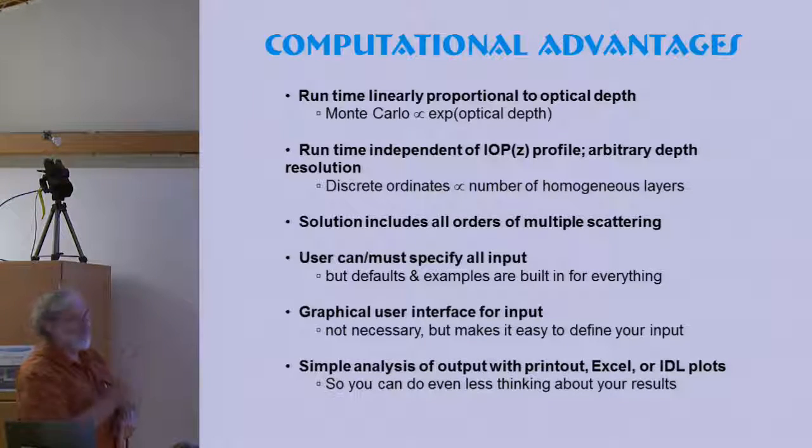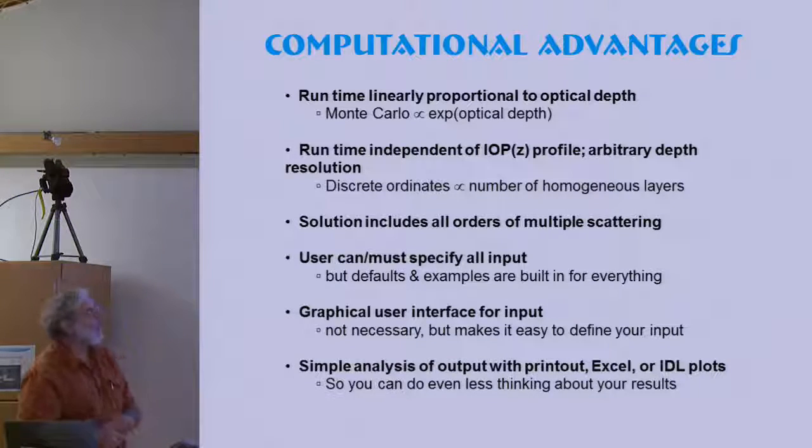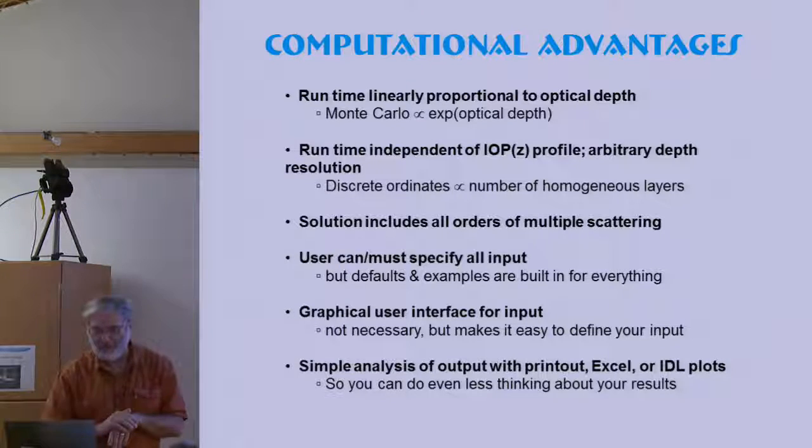So a lot of people like Howard Gordon and George Kattawar and so forth have Monte Carlo codes. You'll never see them running them to 100 optical depths because it would literally take a year of computer time. Hydrolight, on the other hand, the runtime is linearly proportional to optical depth. So that's quite a big deal if you want to solve for the light field deep in the water.